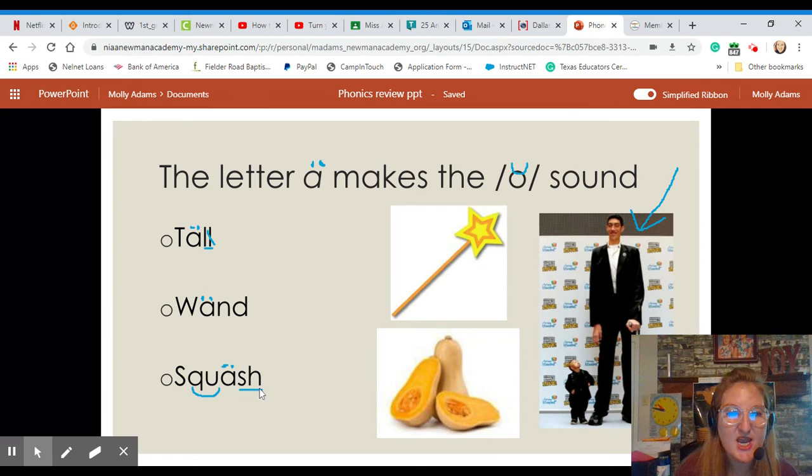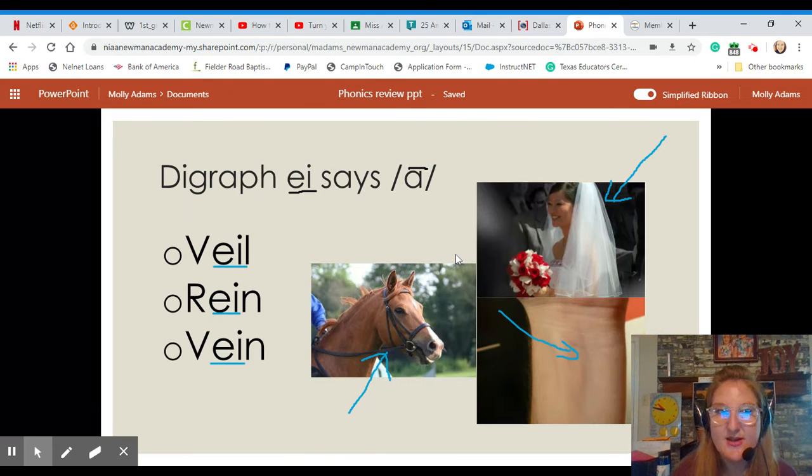SH is 2 letters that make a whole new sound. So we have to underline the SH because that's a digraph. So A makes the aw sound when it comes after a QU letter combination, when it is near the bossy W, and when A comes before the L. So those are 3 ways that we know that A is going to say the aw sound. Okay, let's go to the next.